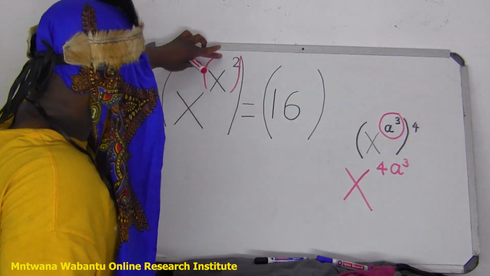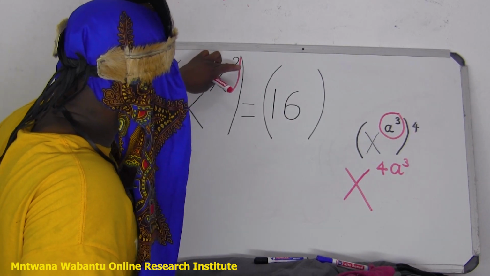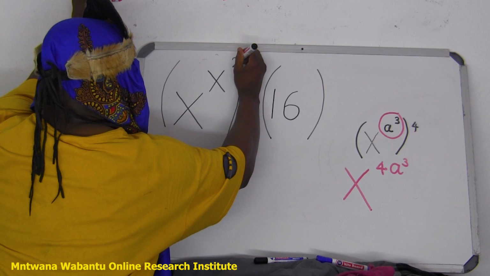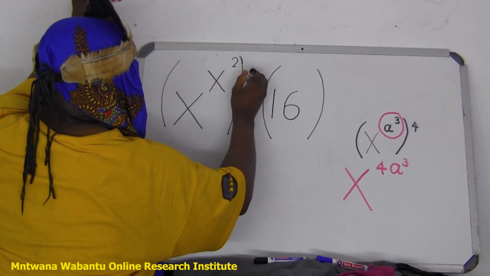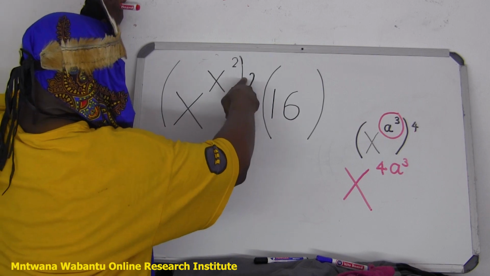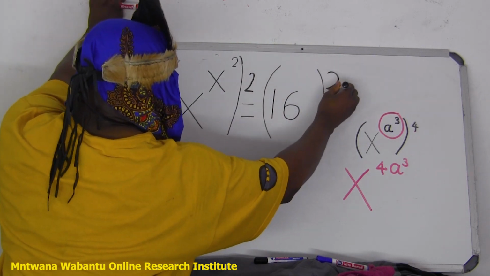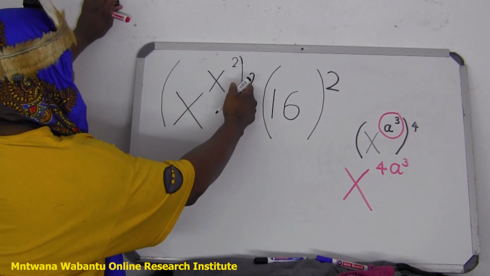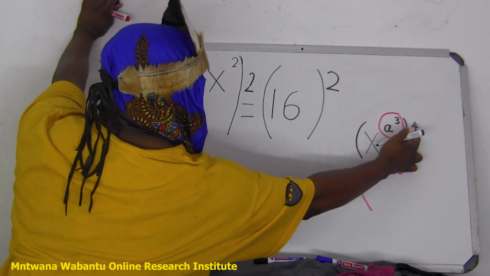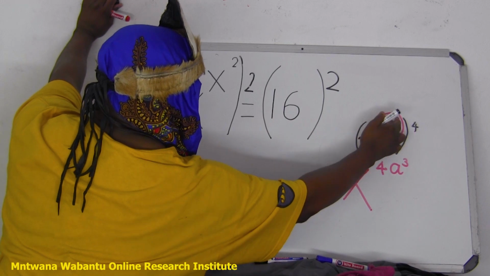Since there's a 2 right there, I can simply multiply all this x power 2 by 2. But since I did this on the left hand side, I must also do it on the right hand side. So this 2 is going to come behind x squared, just like here, this 4 goes behind x power 3.